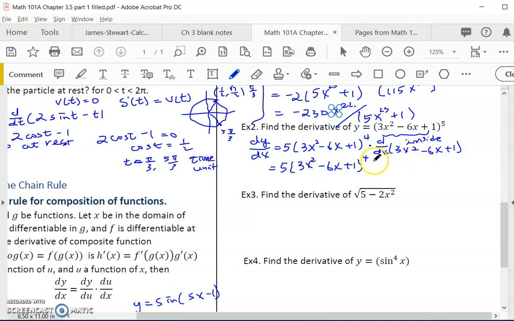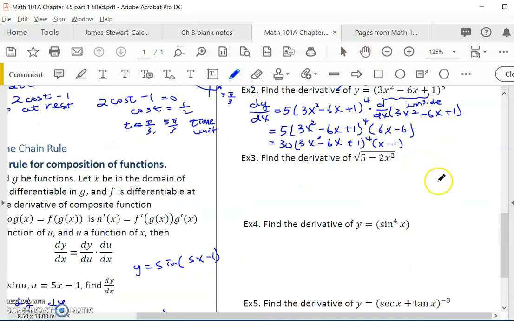And then the derivative of this would be 2 times 3, 6, x to the power 1, minus 6. And if you want to, you can factor the 6 out. It will be 30 times 3x squared minus 6x plus 1 to the power 4, and then x minus 1. And this is in factored form, and that's perfectly okay.